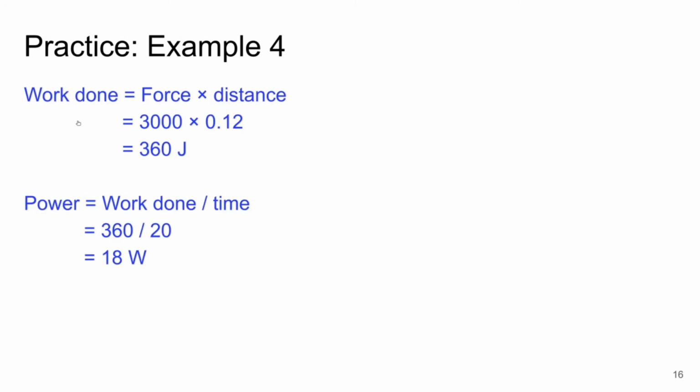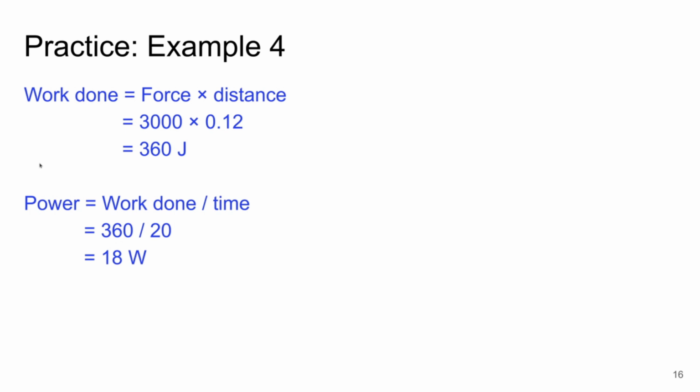Using the first formula that was provided, work done equals force times distance. We know that the force is 3,000 newtons, and we know that the hydraulic jack can go 12 centimeters, which we need to convert to meters. Therefore, it's 3,000 multiplied by 0.12 meters. That gives us 360 joules.